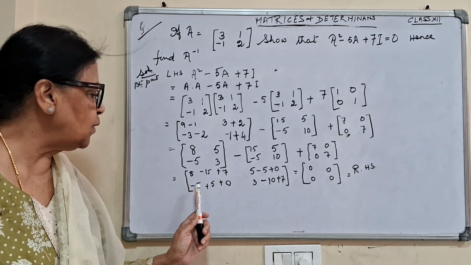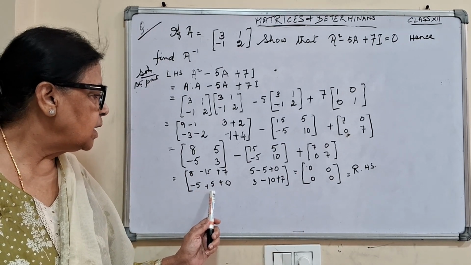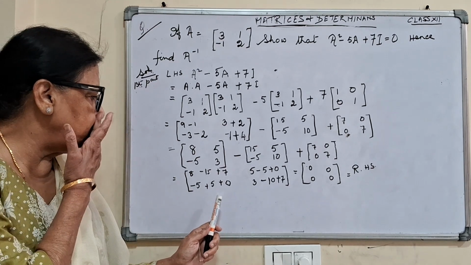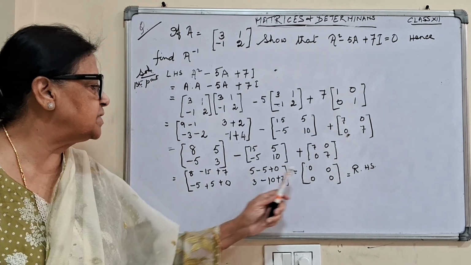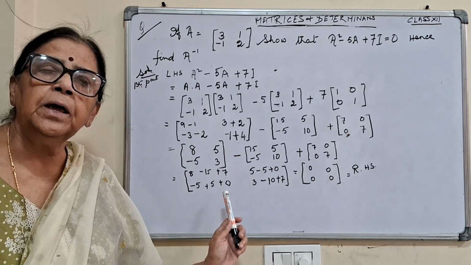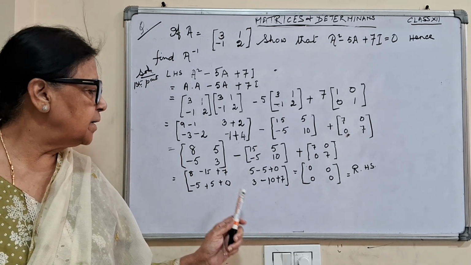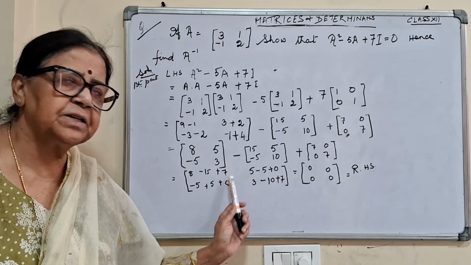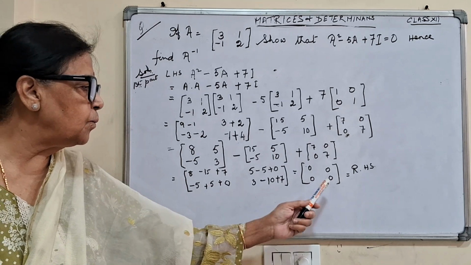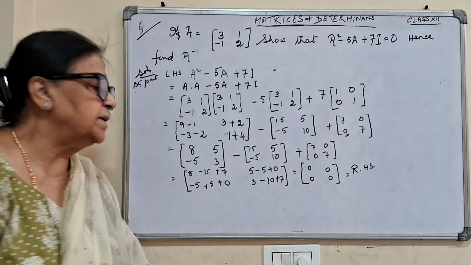Then minus 5 plus 5 plus 0 is 0. 3 minus 10 plus 7, that means 3 and 7 is 10, 10 minus 10 is 0, which is the right hand side.